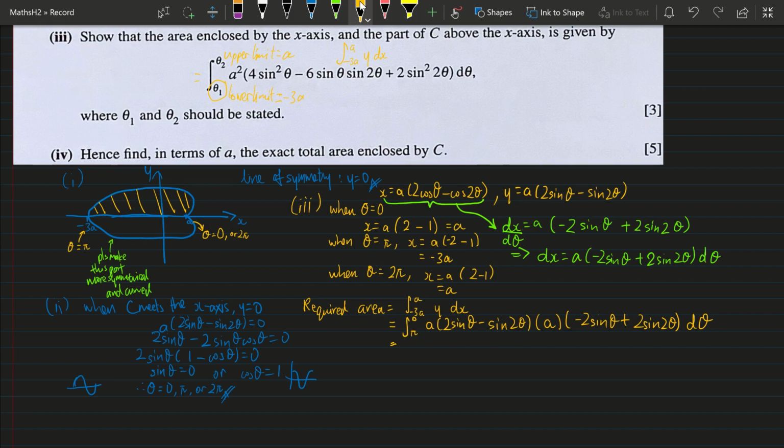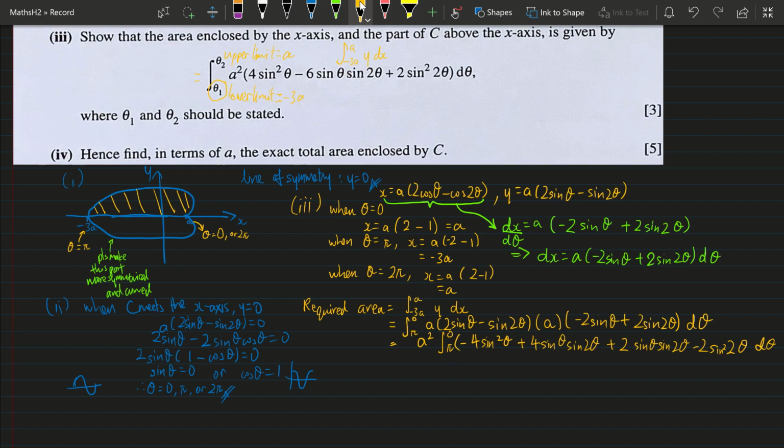I wish there were, but no. So I get a square, pi to 0, then 2 times this is negative 4 sine square theta, then I'll get plus 4 sine theta sine 2 theta, plus 2 sine theta sine 2 theta, and finally you get minus 2 sine square 2 theta. This whole thing integrate with respect to d theta.